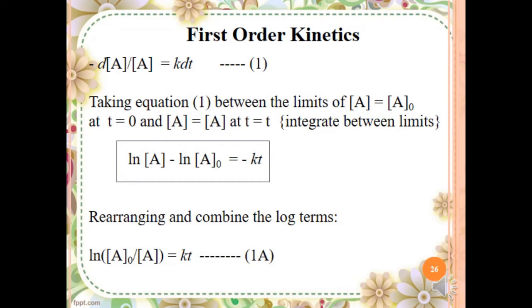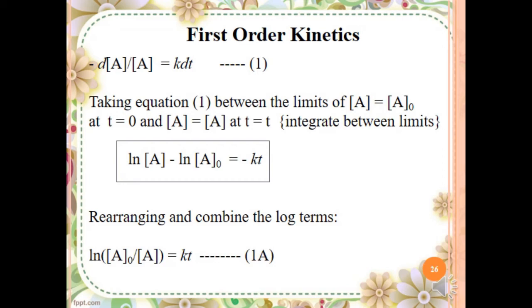So we take equation 1 here, negative dA over A equivalent to k dt, and then we integrate at time 0 and t.